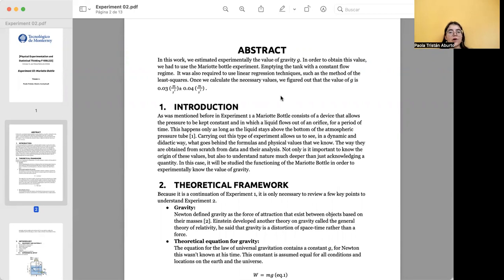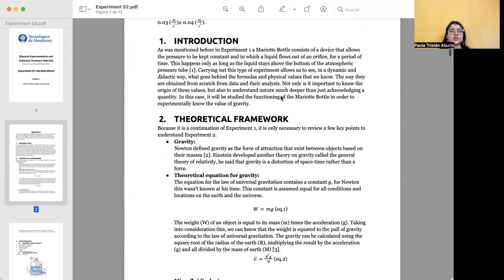It was also required to use the linear regression technique with the method of least squares to obtain the values of A and B. Once we calculate these values, we find that the value of G is 0.03 meters per squared second plus or minus 0.04 meters per squared second.